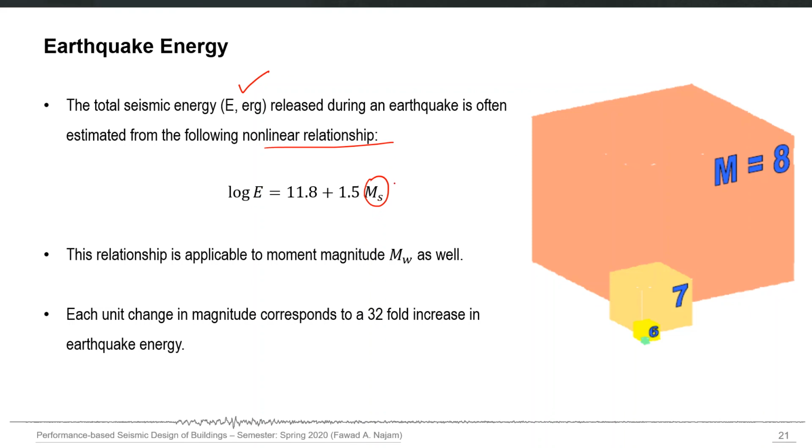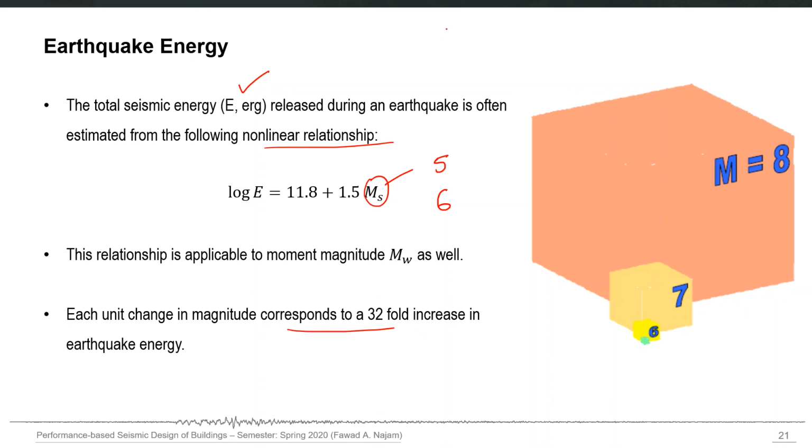So if you put this magnitude, let's say 5, and calculate the energy by taking the anti-log and then calculate E, and then again put M equal to 6 and again calculate energy, you will see that each unit change in the magnitude will correspond to a 32-fold increase in the earthquake energy.